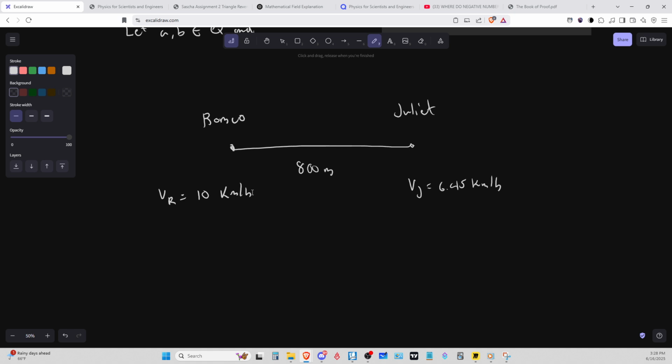Now, this looks like a typical algebra problem. The thing is that we know that both of them are running at a constant speed, I'm guessing, so they're not accelerating, which means their speed is not changing.